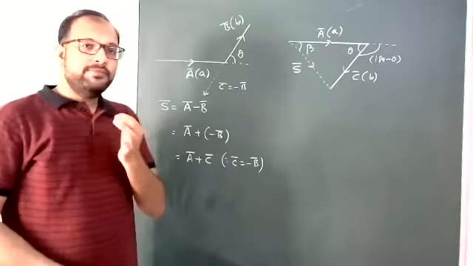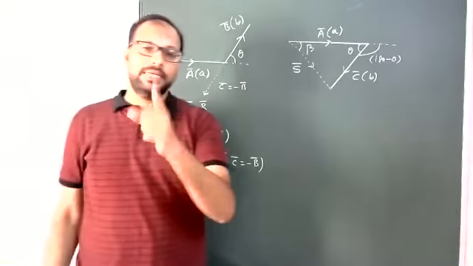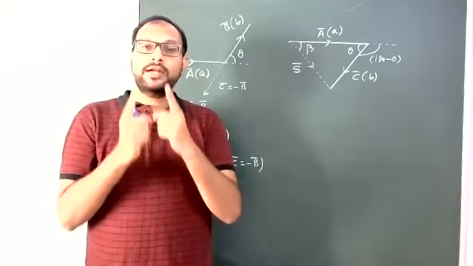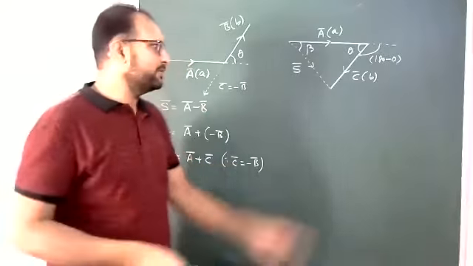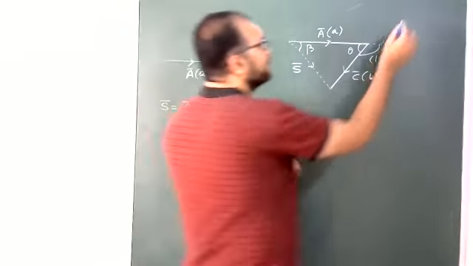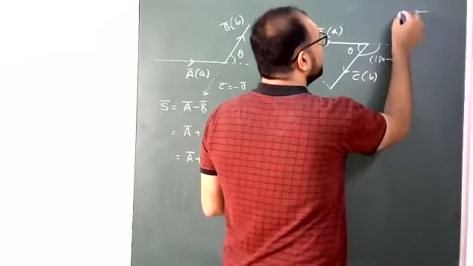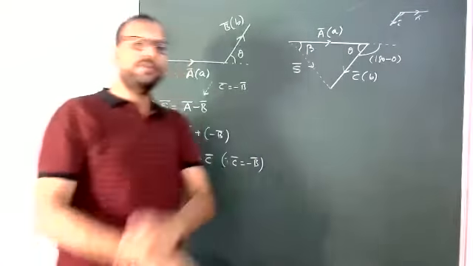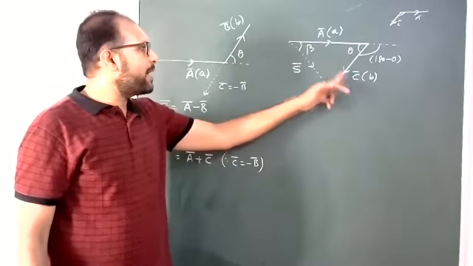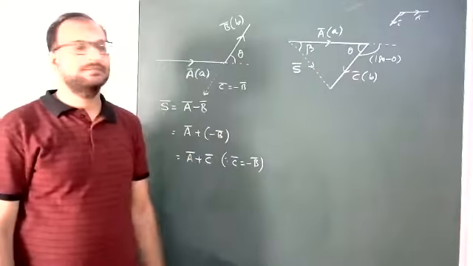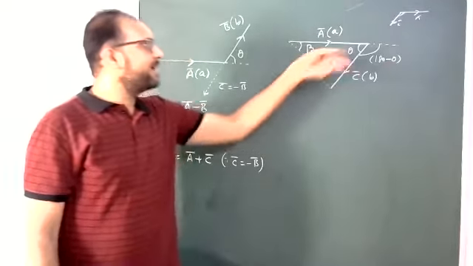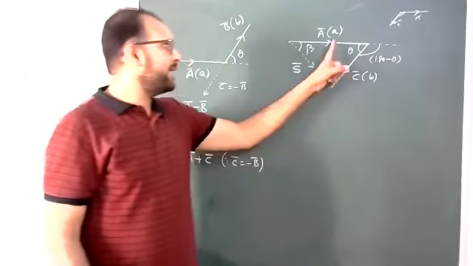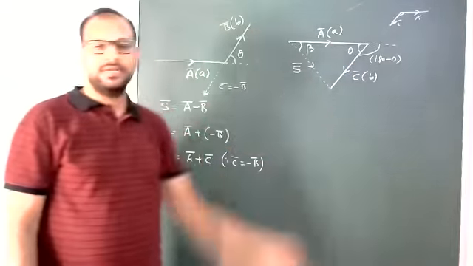How to find the angle between two vectors, I explained in that case: both starting points should be the same. This is A bar, this is C bar, both start from the same point. Now this angle is the angle between those two. That's why the angle between A bar and C bar is not theta; 180 minus theta is our answer. The angle between the two vectors A bar and C bar is 180 minus theta.